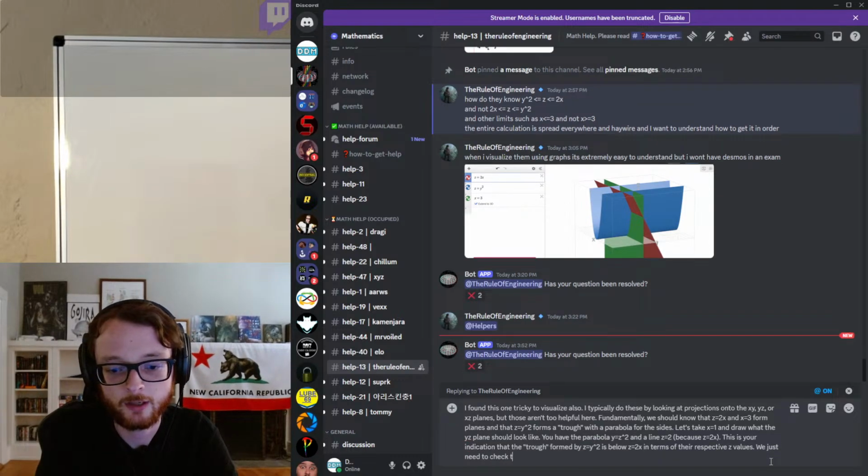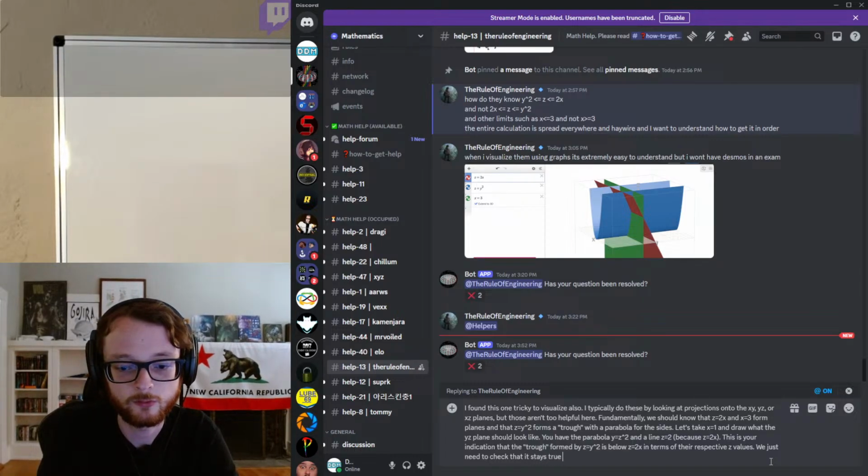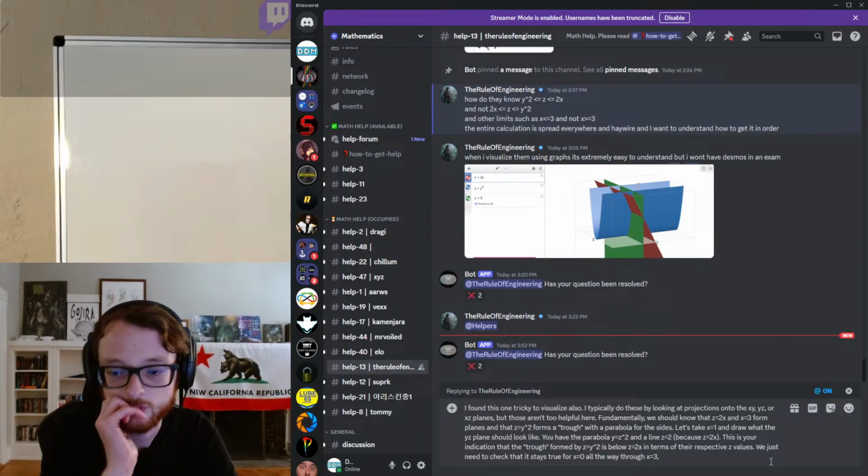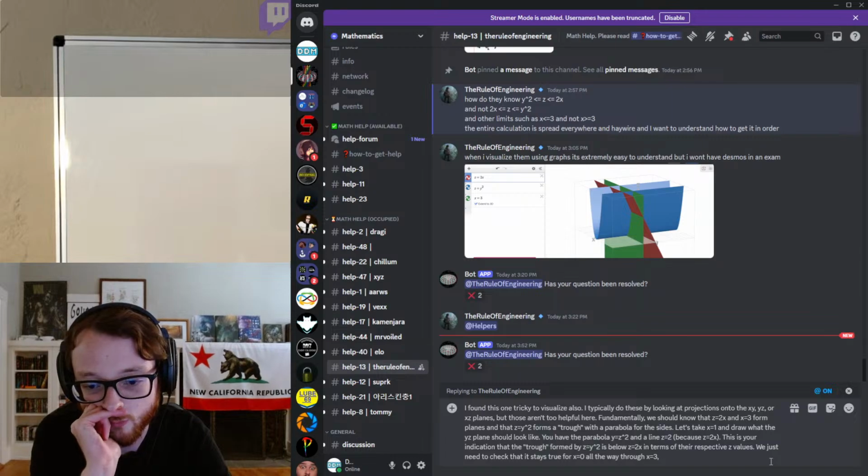Just need to check that it's true, and that it stays true for x equals 0 all the way through x equals 3. Which it does, right? Because 6 is not more than 9.